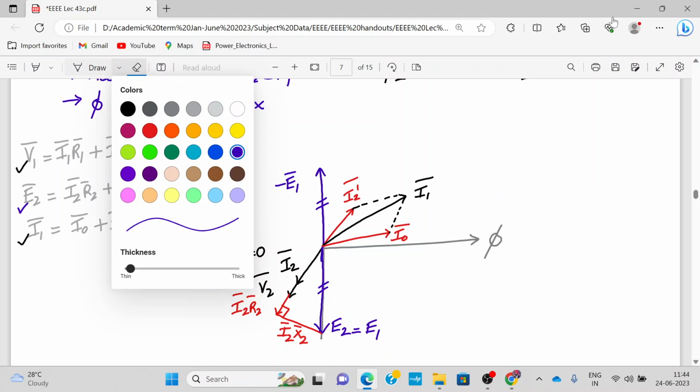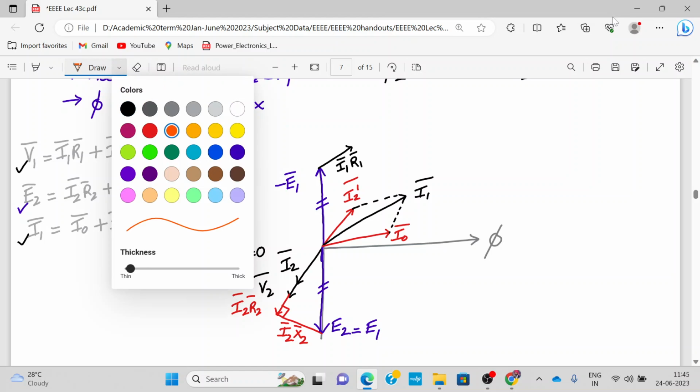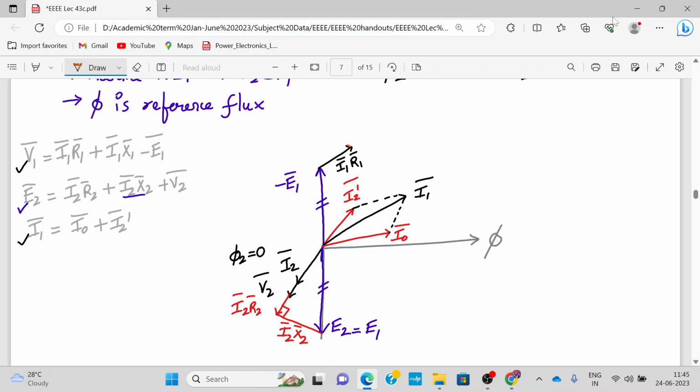Let me draw in black color. This is I1 R1, and the inductive drop I1 X1 will be leading I1 R1 by 90 degrees. So we have to draw another one now, 90 degrees like this.